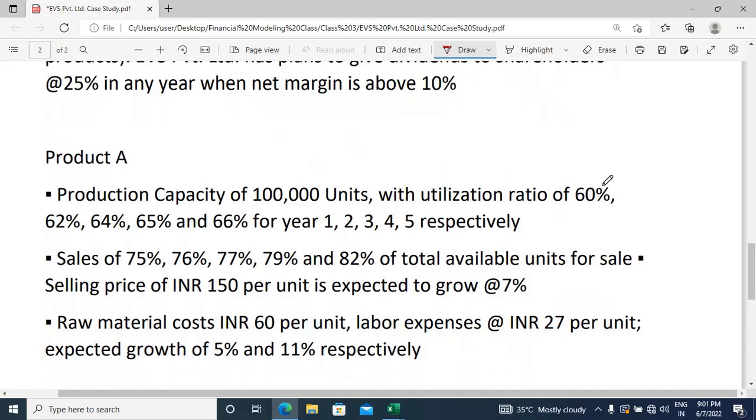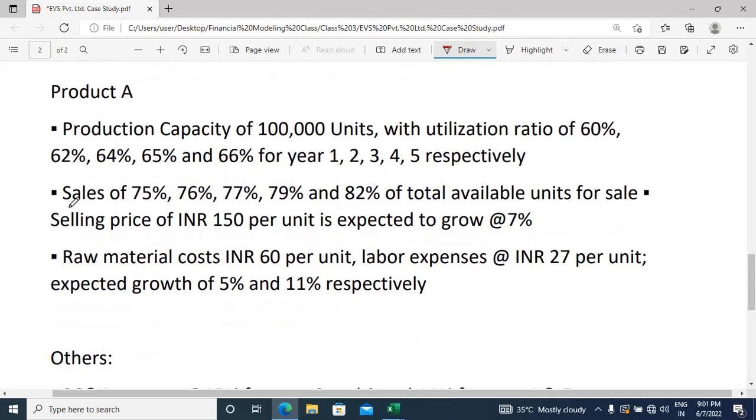The utilization ratio in the first year is going to be 60, second 62, third 64, fourth 65, fifth year 66% of capacity utilization. Out of this production, how much will our company be able to sell? 75, 76, 77, 79 and 82% of total available units for sale.